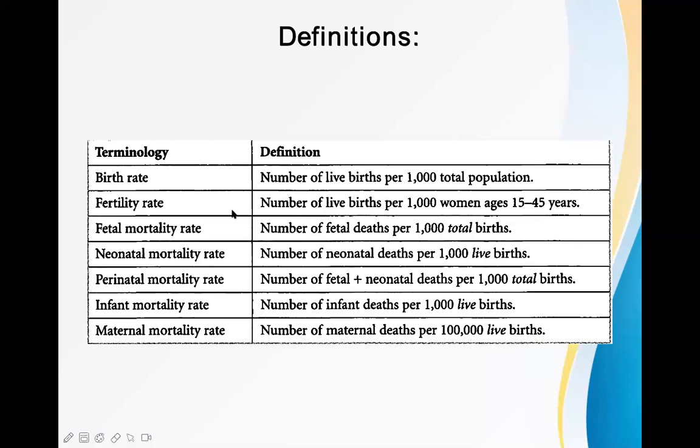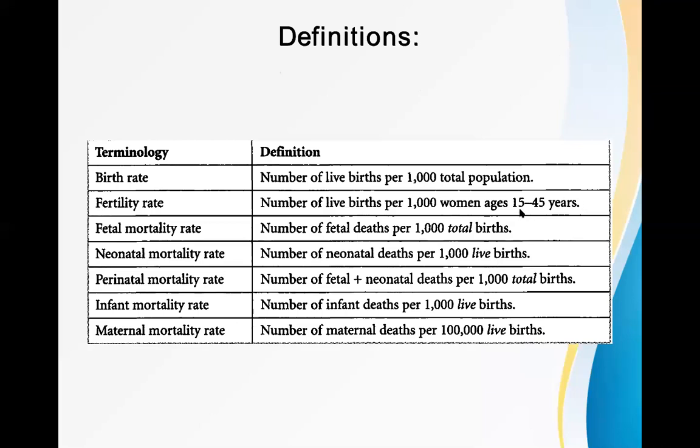Fertility rate. The fertility is all about chances, isn't it? Chances of having a living birth or live birth. So number of live births per 1000 women who are aged 15 to 45 years is called fertility rate, because this is the fertility period in a lady's life. So if they ask you what is a reproductive period or fertility period, this is from 15 to 45.